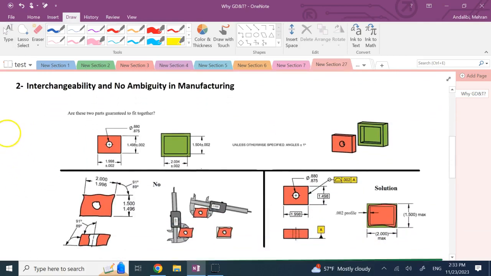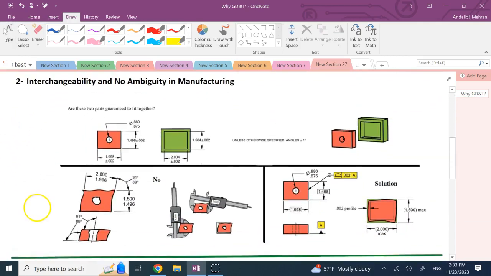The other thing is the parts that are interchangeable, and because there is no ambiguity in manufacturing. So here, let's say I have two parts. This red part that goes into the green box, and the dimensions I provided with the plus and minus form are, as you can see, 1.998 plus minus 2000 and 2.004 plus minus 2000.